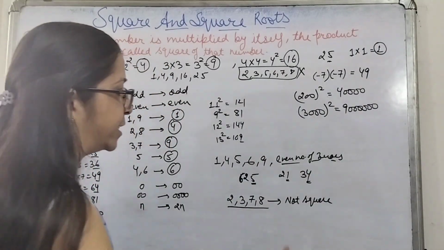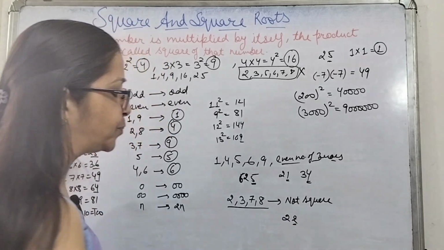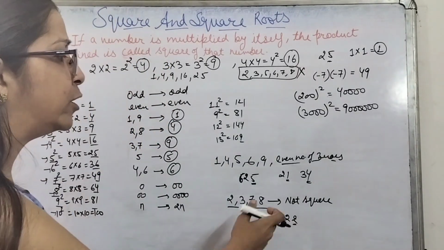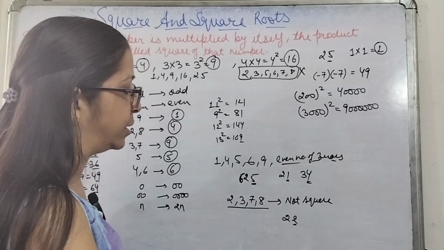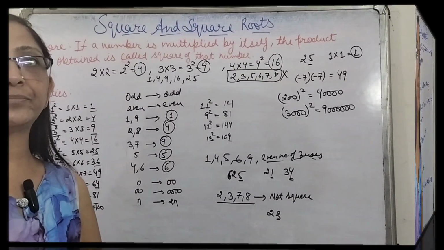Like if the number is 22, at the unit place it is 2, so it is not possible that this number will be a square of any number. We need not check it even. Directly we can say that this number is not a square of any number. So all these are the properties of squares.